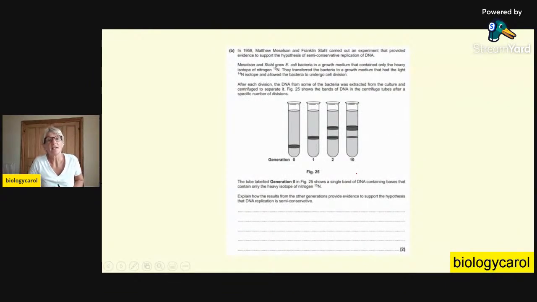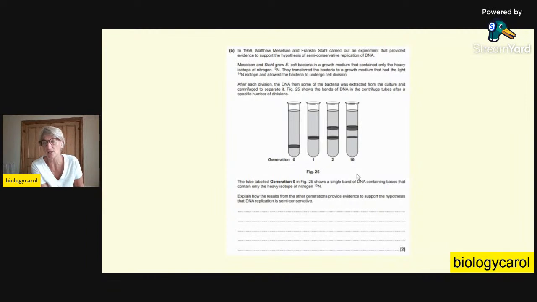B, in 1958, Meselson and Stahl carried out an experiment that provided evidence to support the hypothesis of semi-conservative replication. They grew E. coli on a growth medium that only contained 15N, heavy nitrogen. They then transferred the bacteria to a growth medium that only had 14N, light nitrogen in it.